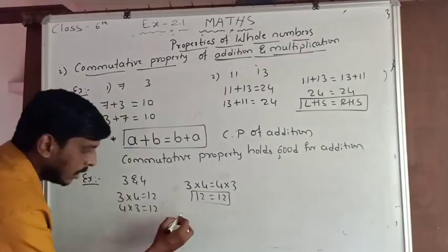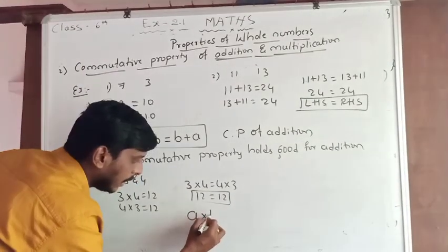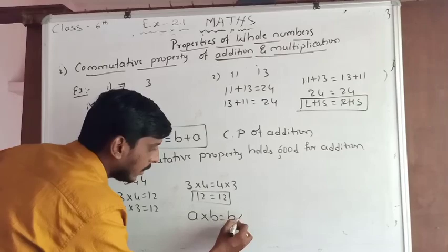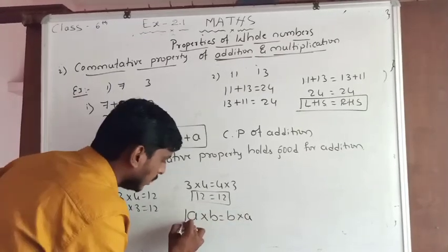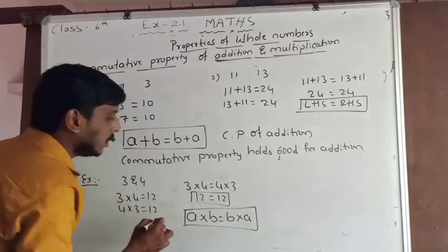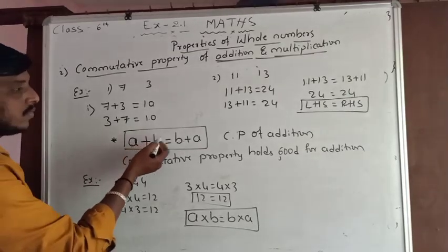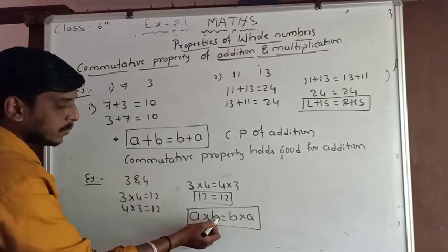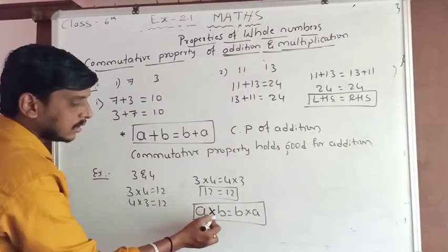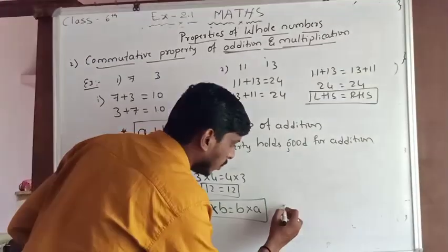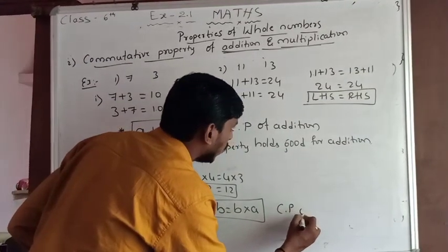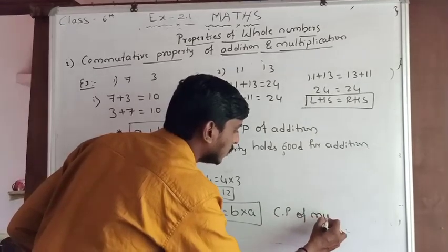How can you write it? A into B equals B into A. So commutative property holds good for which operation? Multiplication.